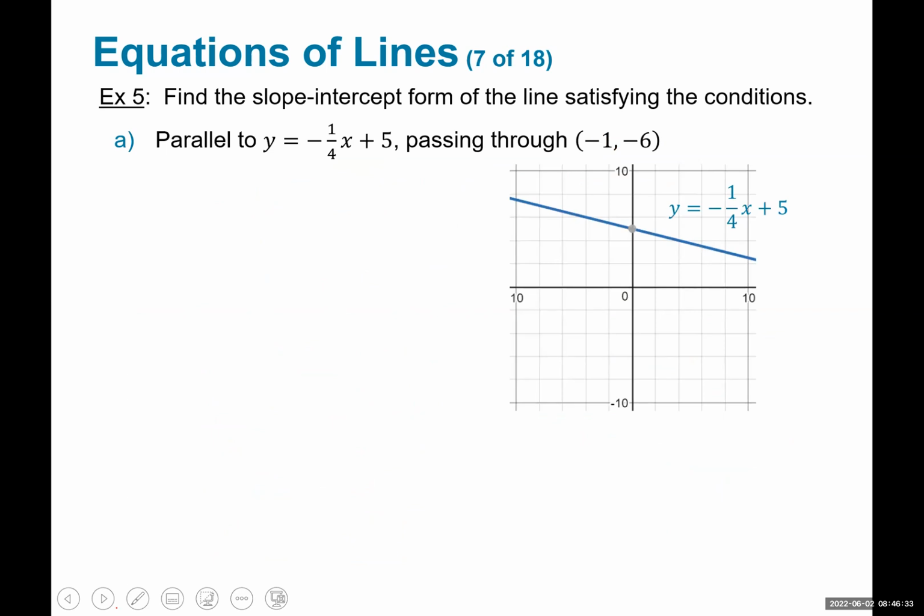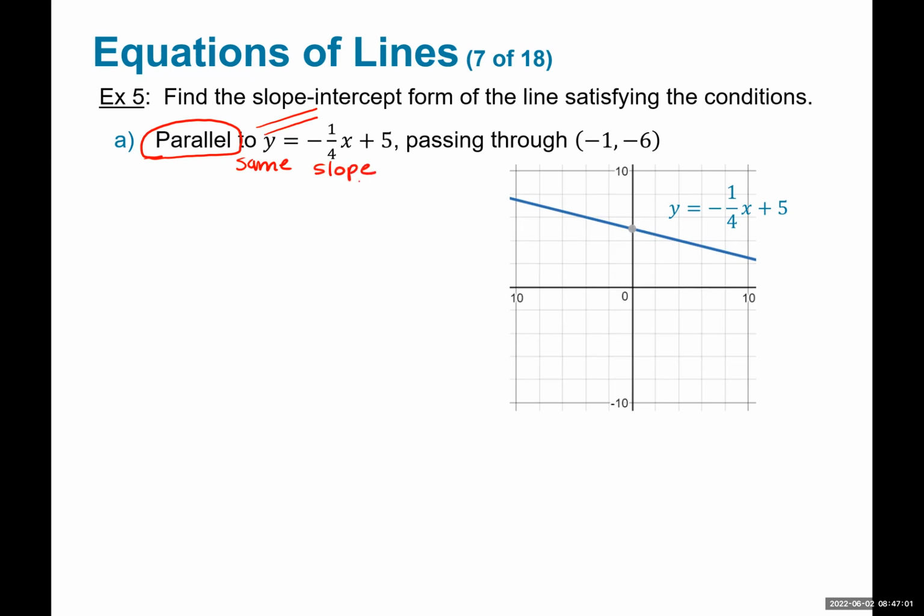All right. Find the slope-intercept form of a line satisfying the conditions. Parallel to negative 1/4 x plus 5, passing through the point -1, -6. All right, so we have some new knowledge here. And it says something parallel. Parallel lines look like a railroad track. This means that they have the same slope.